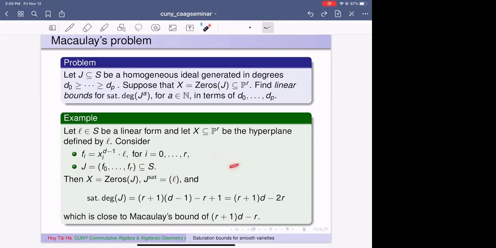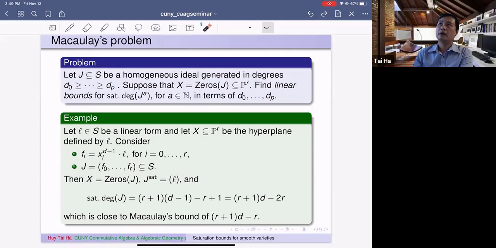If you take the ideal F itself, I think this case is known, right? Everything is known. If you look at F to the A, I think this is already saturated, right? So you can't play the game. If you just look at the ideal F itself, everything is known.